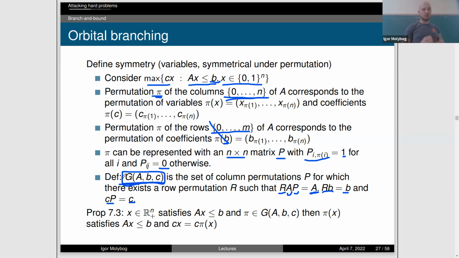Okay, so we have a proposition that is saying that if a vector X satisfies the set of inequalities from our formulation, and a permutation pi does belong to the set G, the set of consistent permutations, then pi of X also satisfies the same set of inequalities, and therefore it's feasible, and its objective value is the same as the objective value of the original vector X. This really should be quite clear, because under the permutation pi, the vector of variable C shouldn't change.